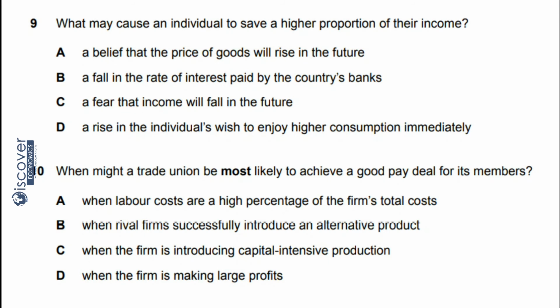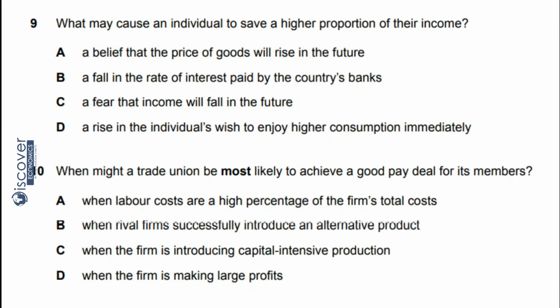Now come to question number 10. When might a trade union be most likely to achieve a good pay deal for the members? Now trade union is going to claim that our members' salaries should increase. Now let's see how. A. When labor costs are high percentage of the firm's total cost.